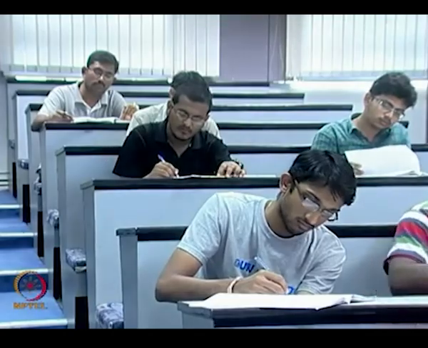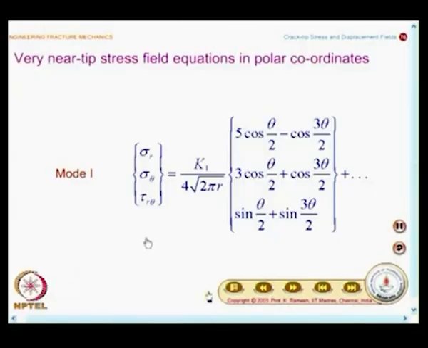Anyway, for the benefit of those who have already done this, we get the very near tip stress field equations in polar coordinates. And I have also written the expression in a fashion that I have a term 1, plus some dots. This indicates that you have higher order terms, and you have sigma r, sigma theta, tau r theta. The common factor that is taken out is K1 divided by 4 root of 2 pi r, and you have a function of theta.